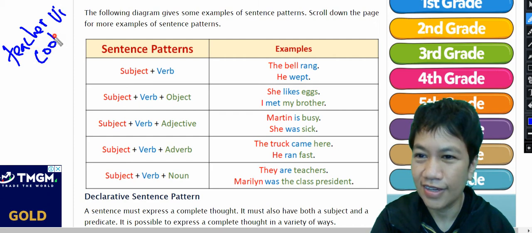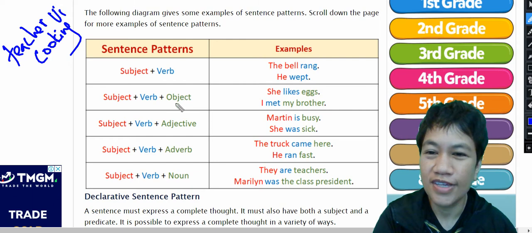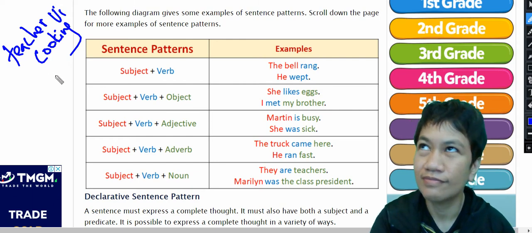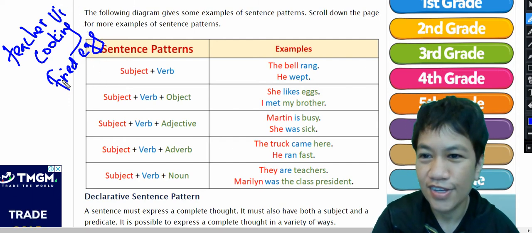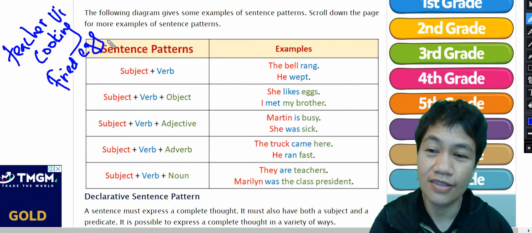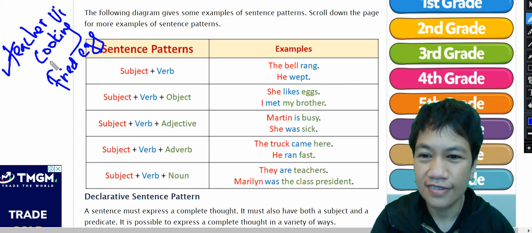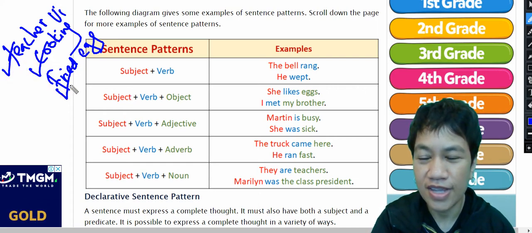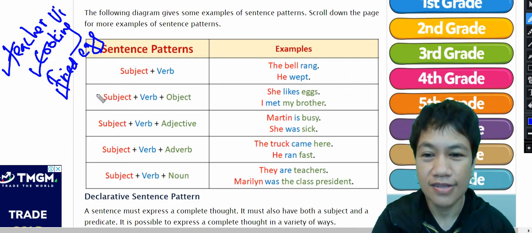Cooking. Okay. Teacher V is cooking. What is she cooking? The object. Fried egg. Okay, so Teacher V is cooking fried egg. If you want to add location, fried egg in the kitchen. So you have the subject, you have the verb, and you have the object. So when you write that down, you have a complete sentence.